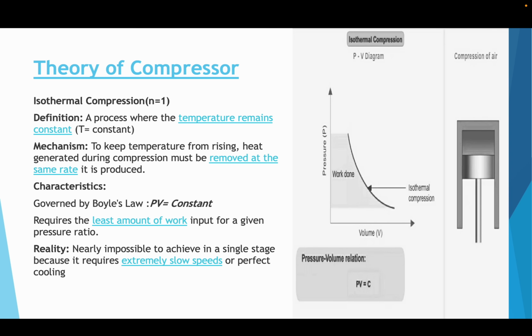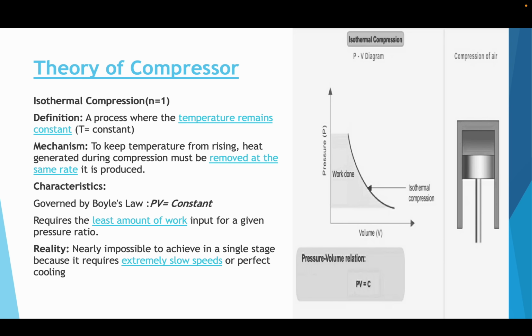Now what is isothermal compression? When your piston is moving from BDC to TDC, it will reduce the volume of air from this to this, and that is called compression. Whenever you compress something, it will produce heat.